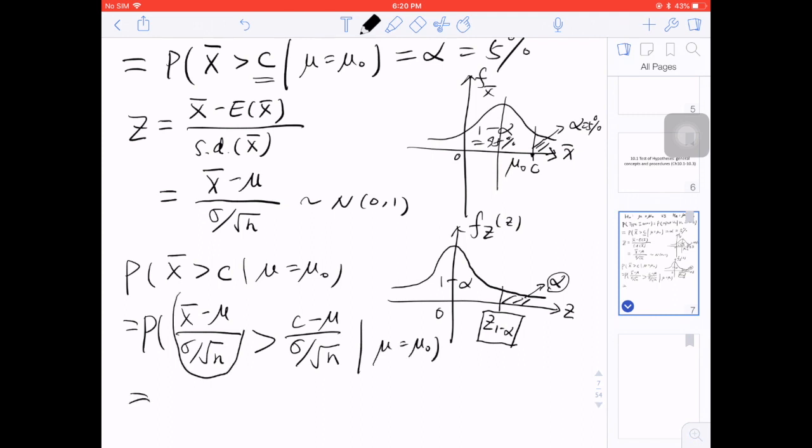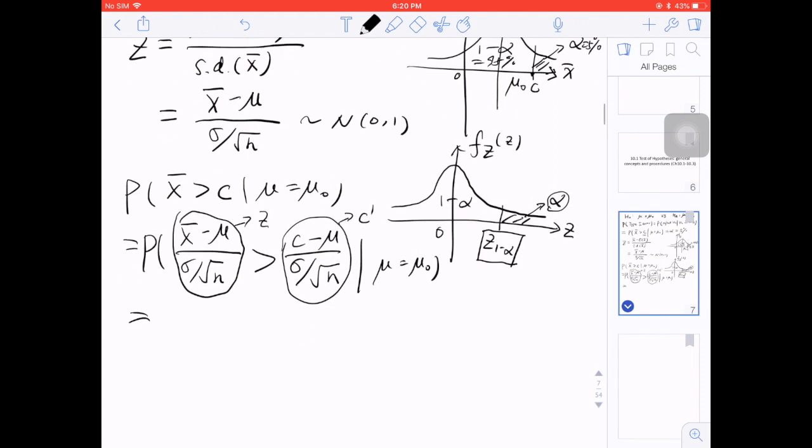Okay, so this is my Z. And this one, I'm going to call a new thing, C prime. So we have Z is larger than, or before that, we have the condition that mu is equal to mu 0, right? So mu is equal to mu 0, so you're going to plug this one inside of it.